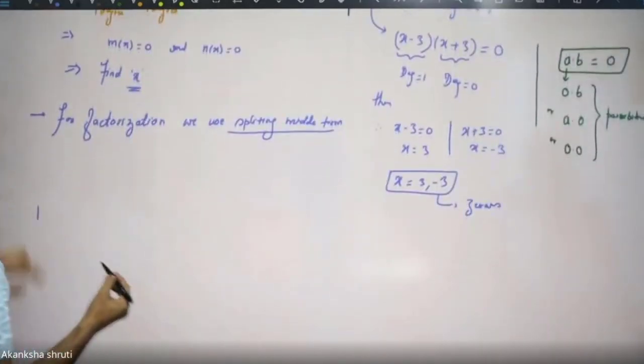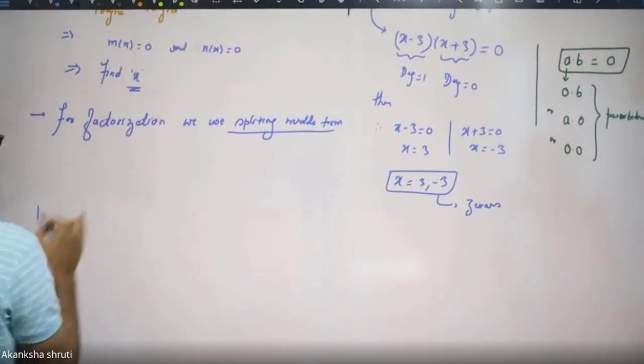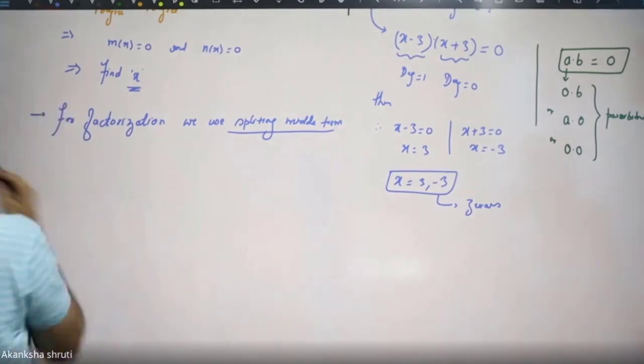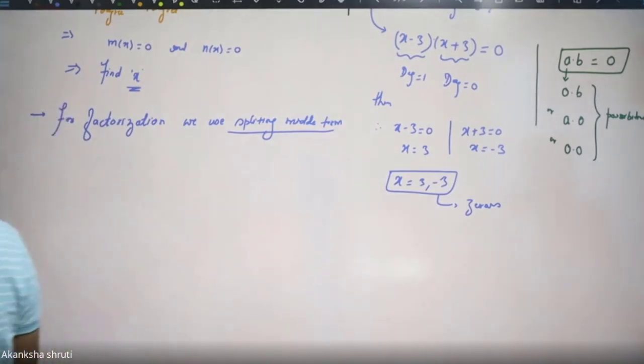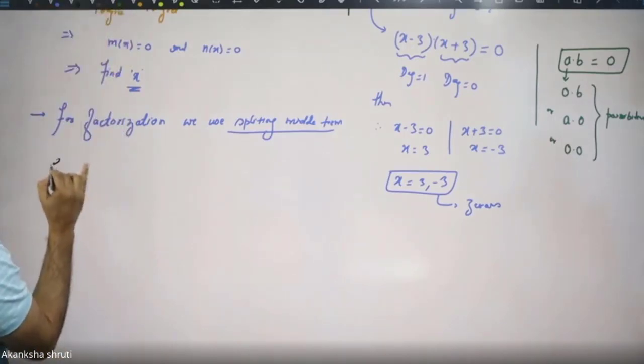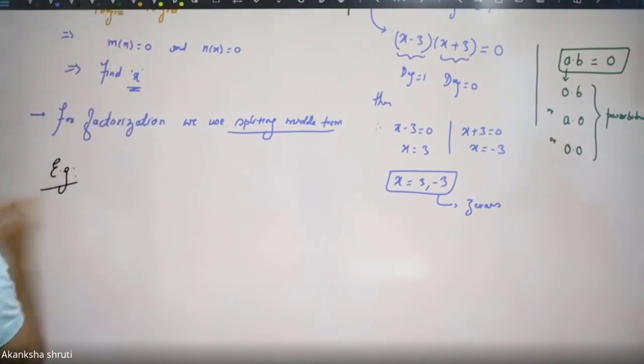How is it done? We have learned it in class 9, but let us recall because it is very useful. Many of our students might have forgotten. So let us take an example, then I will write the general way.